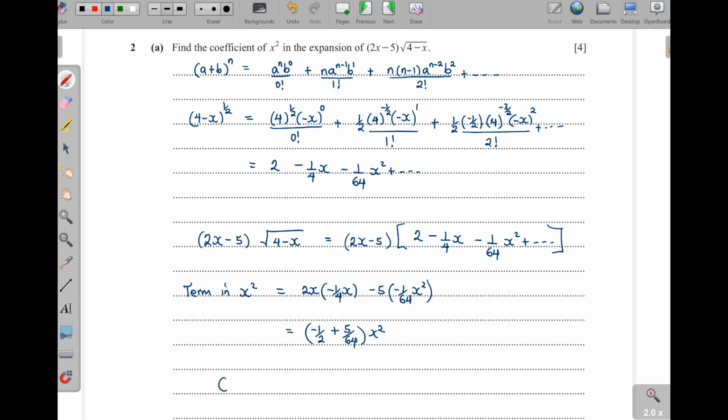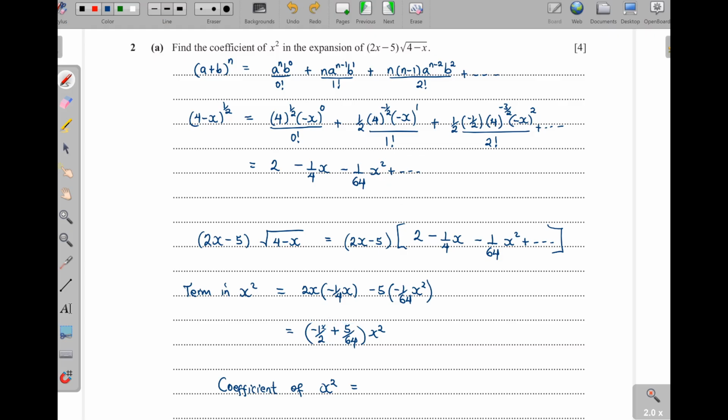So meaning coefficient of x squared is going to be what you get here, not so? So I'll multiply this one by 32, then by 32. So negative 32 plus 5, I think that one will give us negative 27.